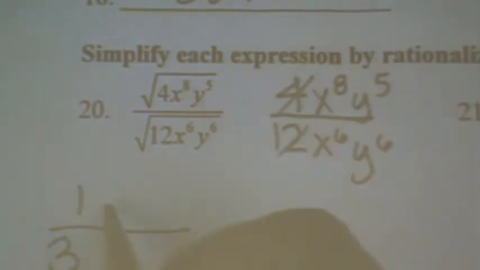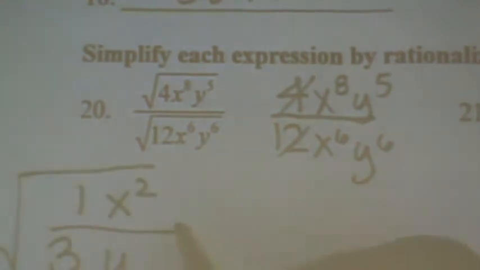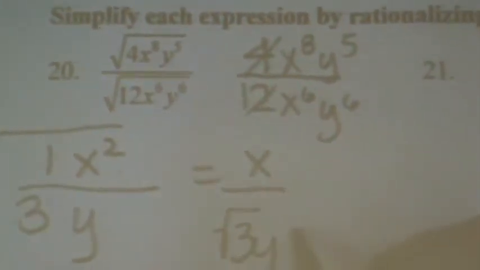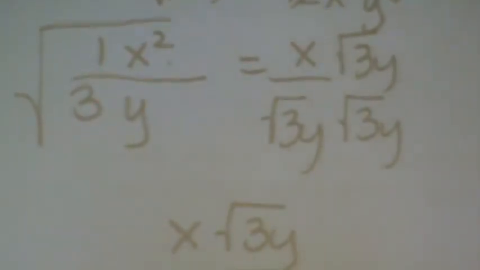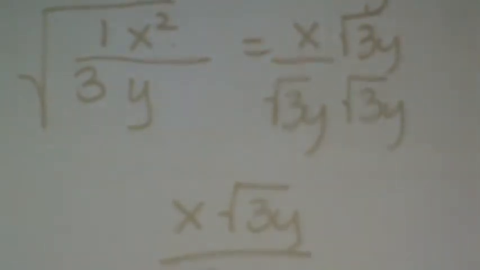And then you've got 2 x's on top, and you've got 1 y on the bottom. Now you're taking the square root of this, so look for 2 of a kind. There's 2 x's, so you've got x over the square root of 3y, which we don't want a radical in the denominator, so we have to rationalize. So your answer is x root 3y over, we've got a pair of 3's and we have a pair of y's. Done.